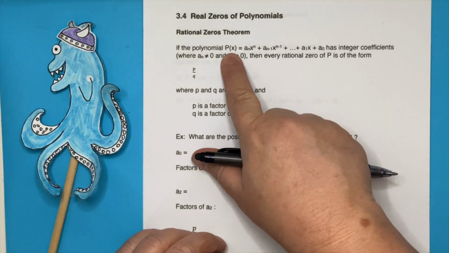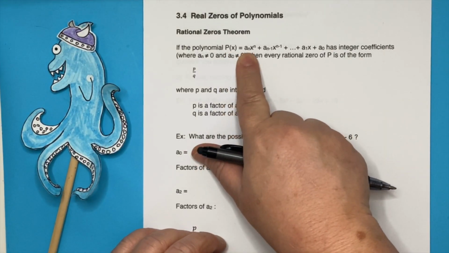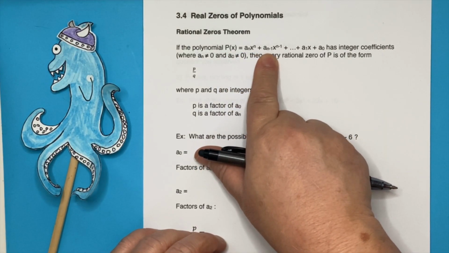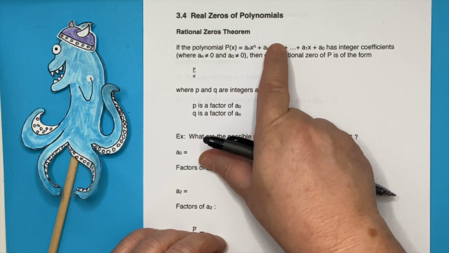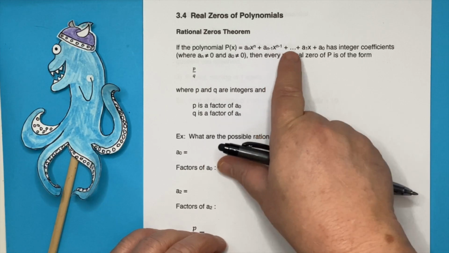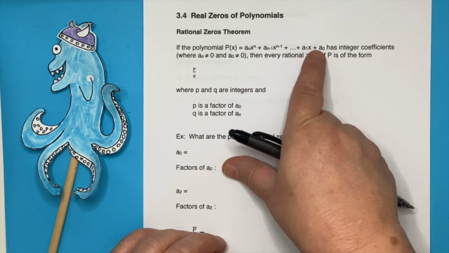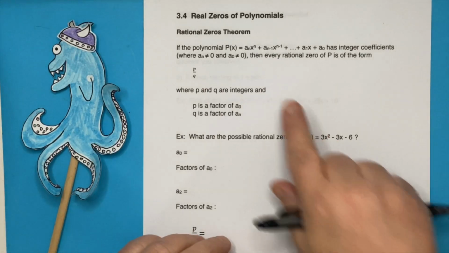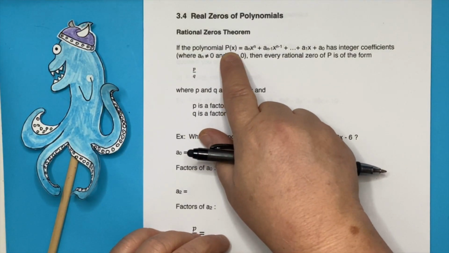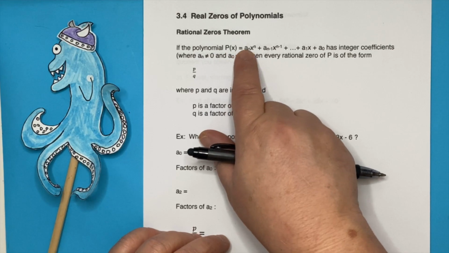So we've got our standard polynomial, a_n x^n plus a_(n-1) x^(n-1) and so on, plus a_1 x plus a_0, with integer coefficients. We are looking at fractions, but not in the polynomial itself. The polynomial needs to have integers.